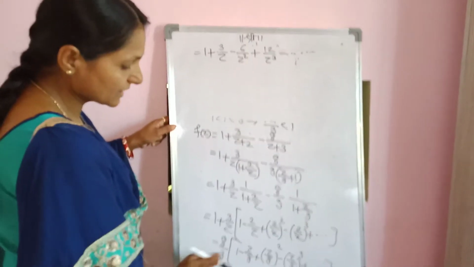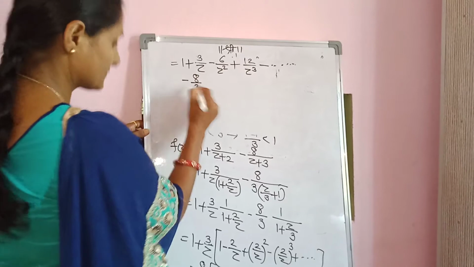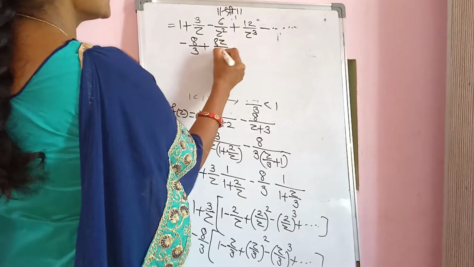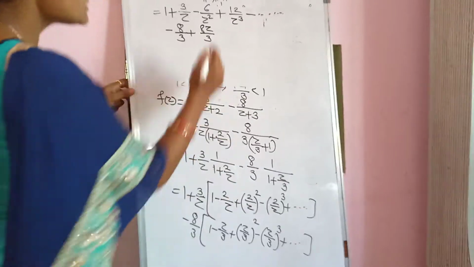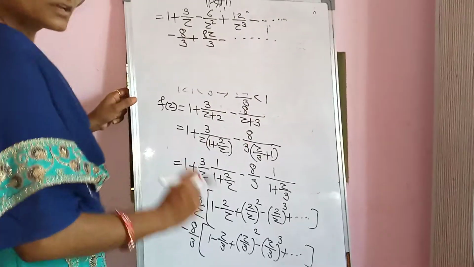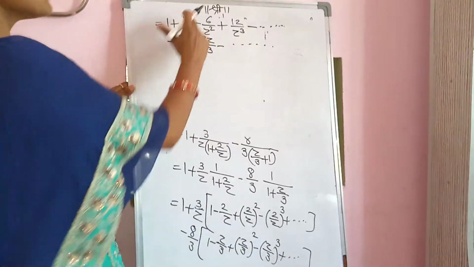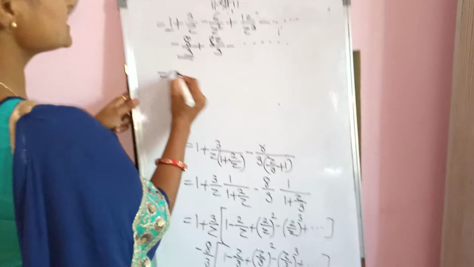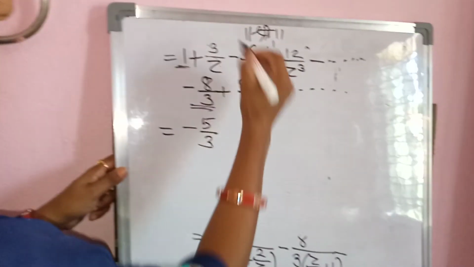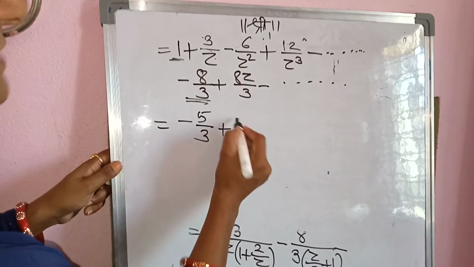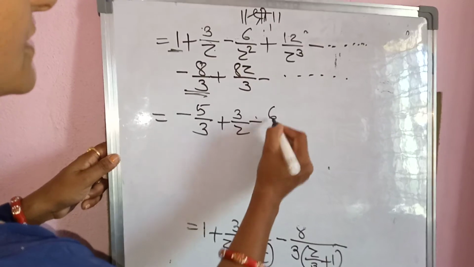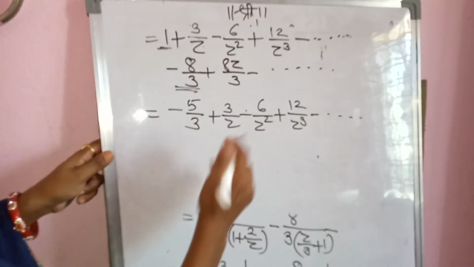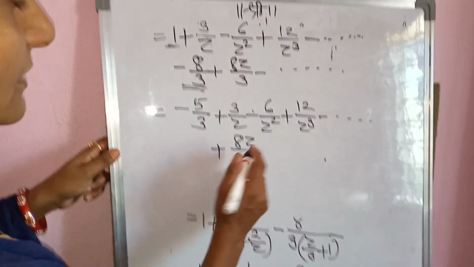Go for the remaining term, minus 8 by 3 minus z by 3, so plus 8z by 3, and then minus, so on; it will be continued. Observe that this is an infinite series. If I simplify again, 1 minus 8 by 3, these are the constants. By adding the constants, I get the value minus 5 by 3. Then plus 3 by z minus 6 by z square plus 12 by z cube minus so on up to infinity, plus 8z by 3 minus.